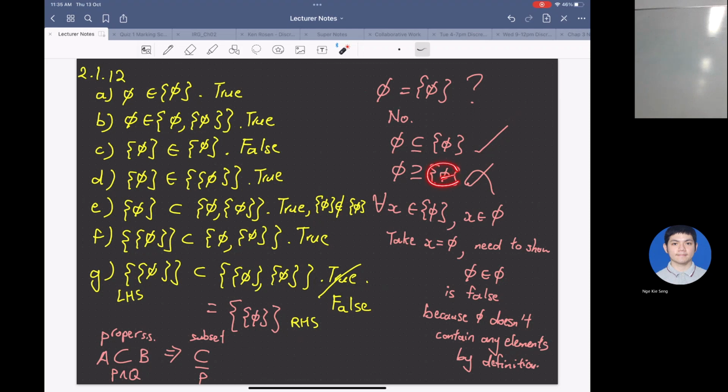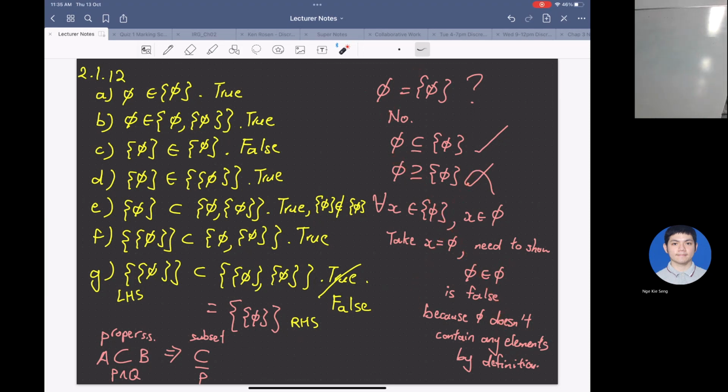To show this, you need to show that for every element here, it's an element here. But if you take X to be the empty set, you have to show that the empty set is an element of the empty set, which is false. Why? Because the empty set has no element. So this one is false, which means they are not equal.